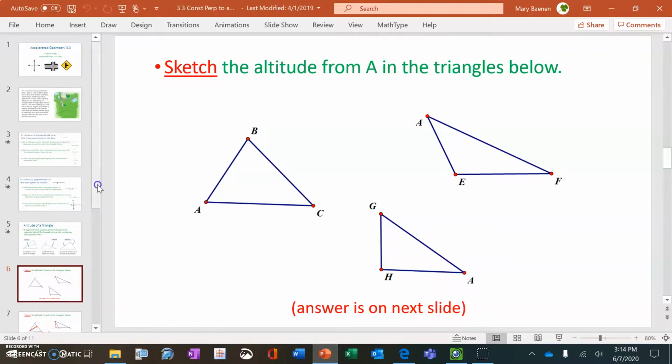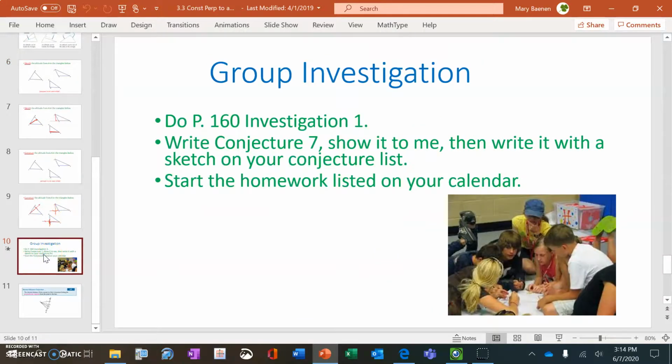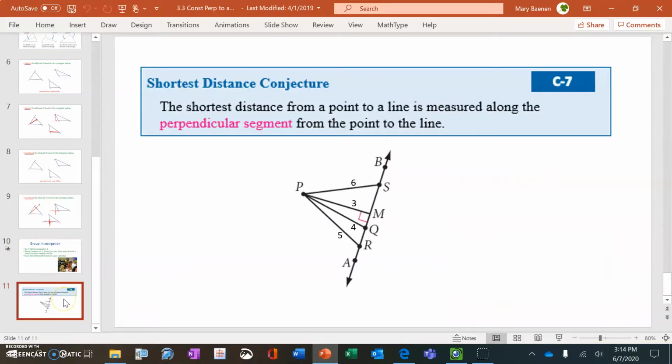Okay, so we have covered, I think, everything so far with the constructions. There is a group investigation that follows this, and in this group investigation, they want you to find the shortest distance from a point to a line. And so they ask you to draw in a bunch of them and measure them. So this one measures 6, this one is 3, this one is 4, this one's 5.